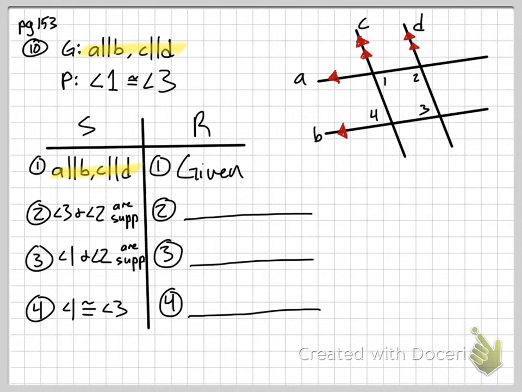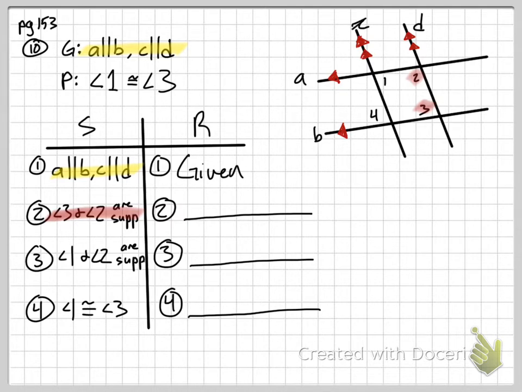Now here, these are more fill in the blank. We're going to look at step 2 where it says angles 2 and 3 are supplementary. So here's our angle 2, here's our angle 3. Now we have to come up with a reason why those are supplementary.